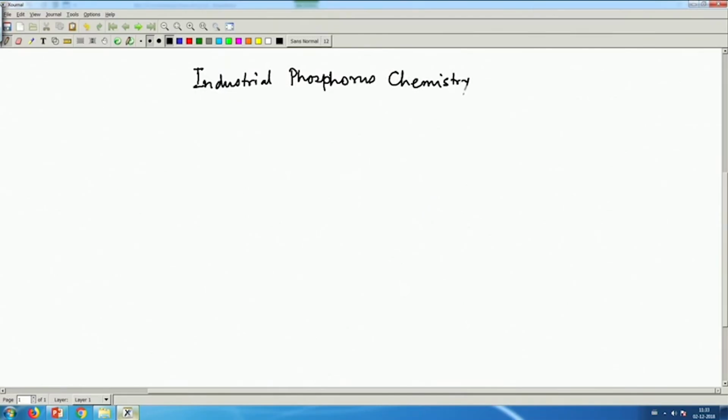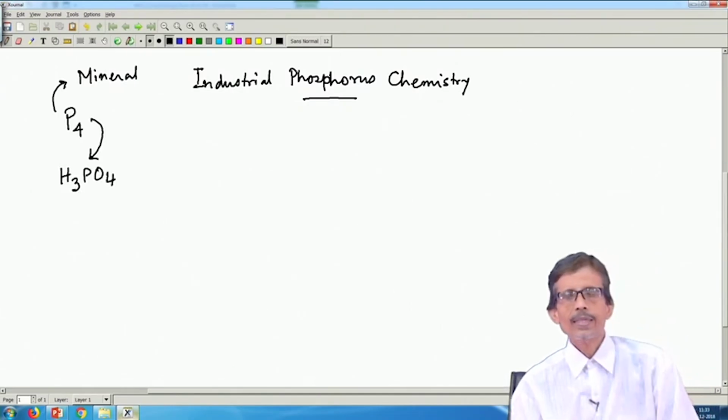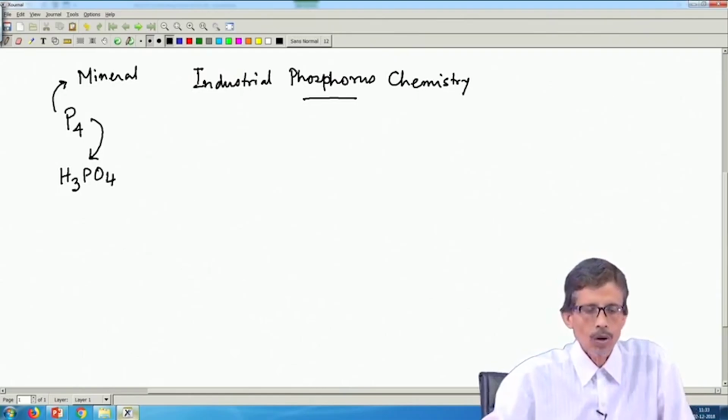So we'll be concentrating on that, and already we have discussed getting P4 from the mineral source, and from there we have reached the industrial preparation of phosphoric acid and the different corresponding salts.